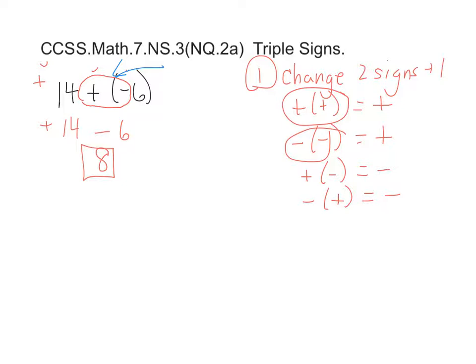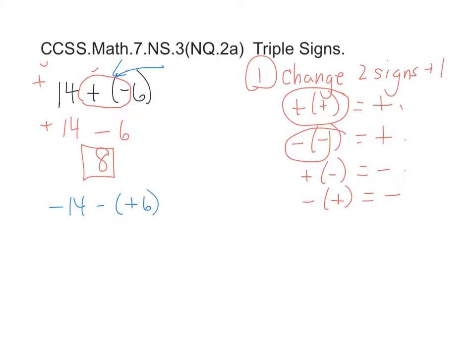So if they're both positive, they become a positive. If they're both negative, they become a positive. They're both the same. And if it's positive, negative, the two of them become negative, and negative, positive become negative. This is crazy, but we'll go through it. So the next one would be if I have negative 14 minus a plus 6.